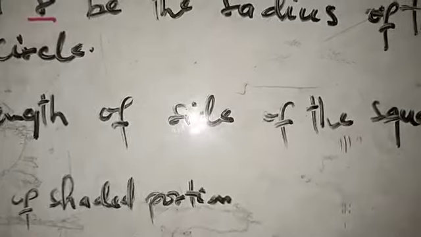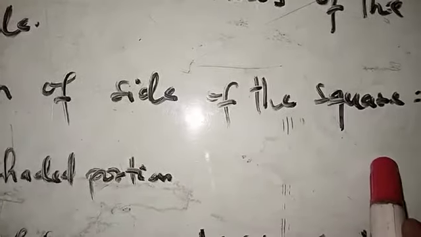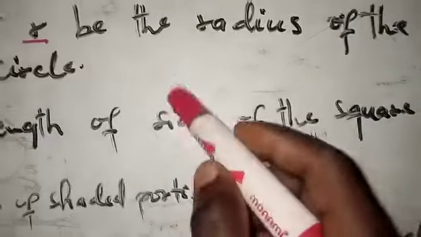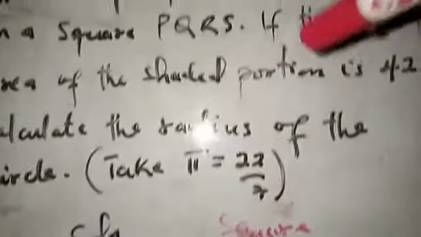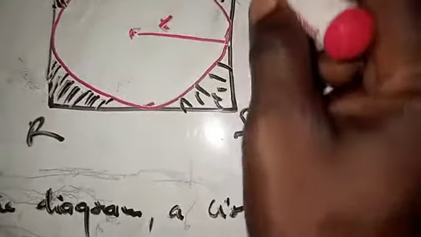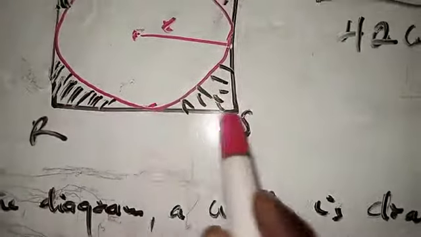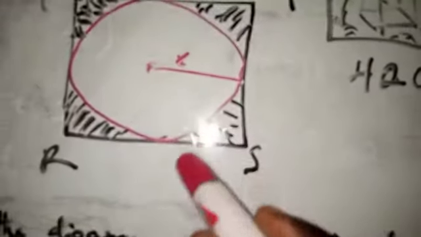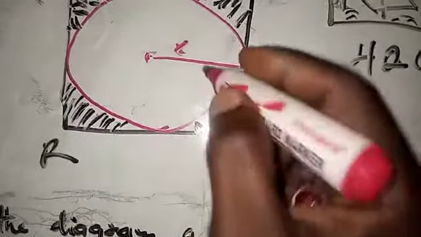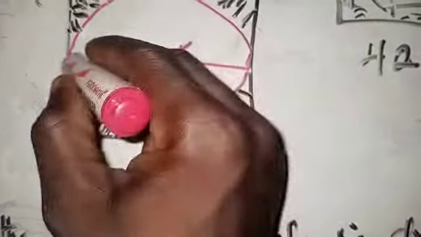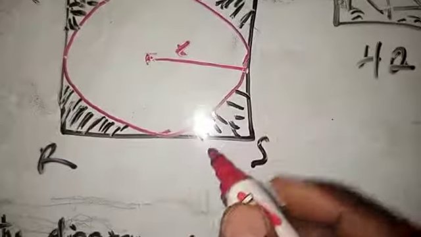Now what will the length of the side of the square be? You need to know that length because the circle is inside the square, so you need to know the size of the square before you can determine the shaded portion. If from here to here is r, what do you think from here to here would be? That would be double r.